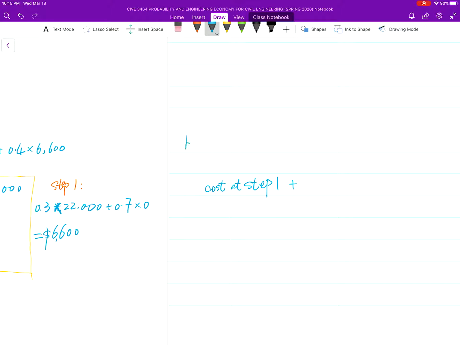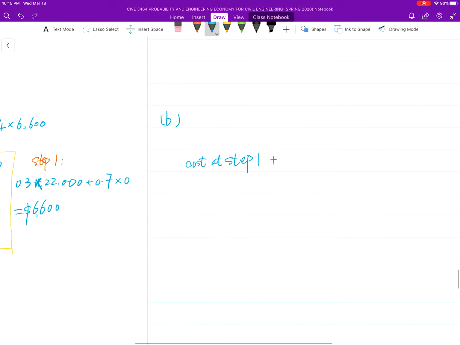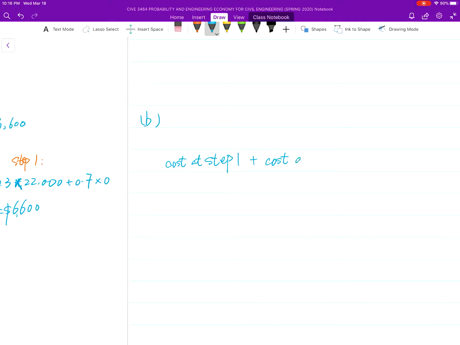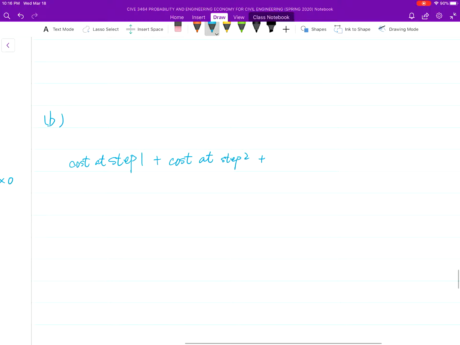So the cost at step 1, plus the cost at step 2, and plus the cost at step 3.